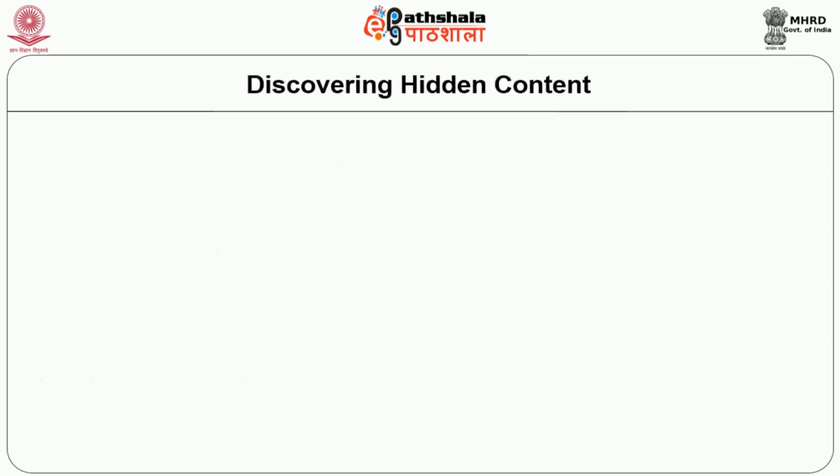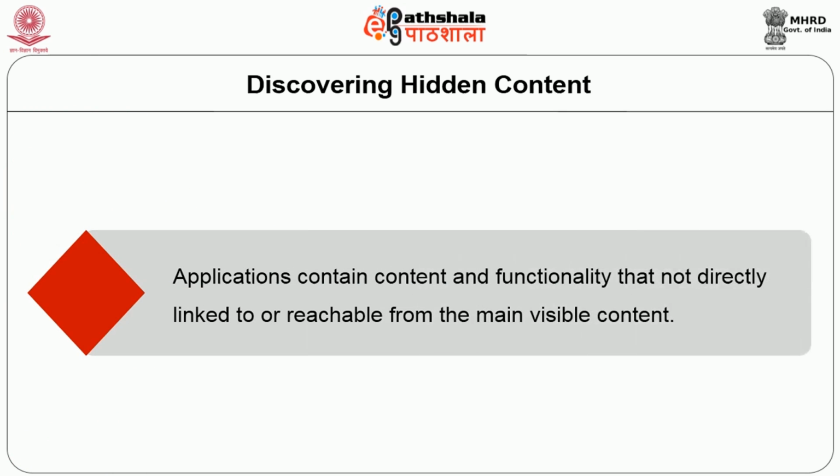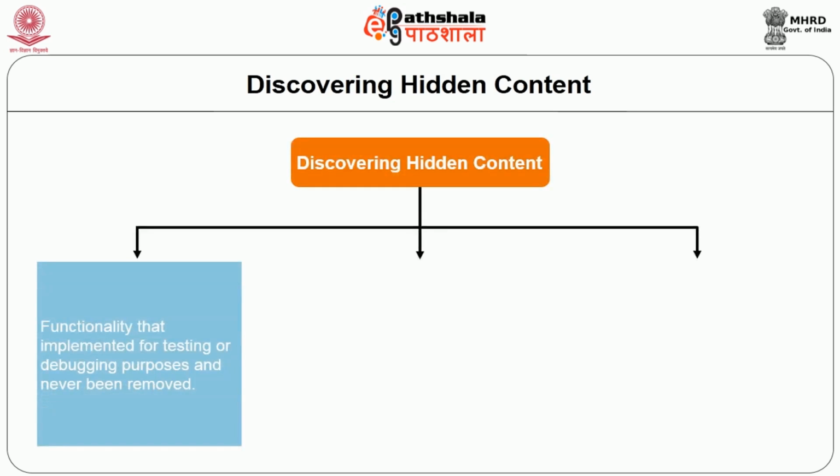We have seen user-directed spidering, and next is discovering hidden content. Sometimes applications contain content and functionality that is not directly linked to or reachable from the main visible content. A common example is functionality that has been implemented for testing and debugging purposes and never been removed.